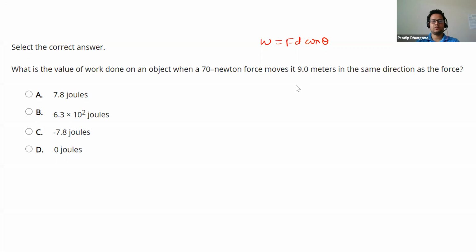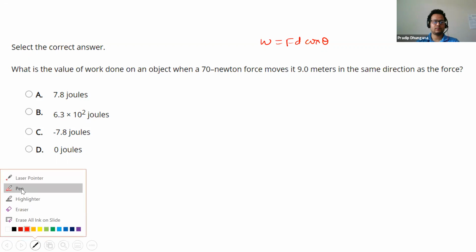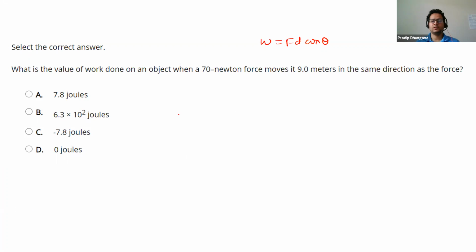Okay, thank you. Now let me work through this problem. Work done is force times displacement times cosine of the angle between force and displacement. This time force is 70 newtons, displacement is 9, and the angle between force and displacement is 0 degrees because force and displacement are in the same direction.